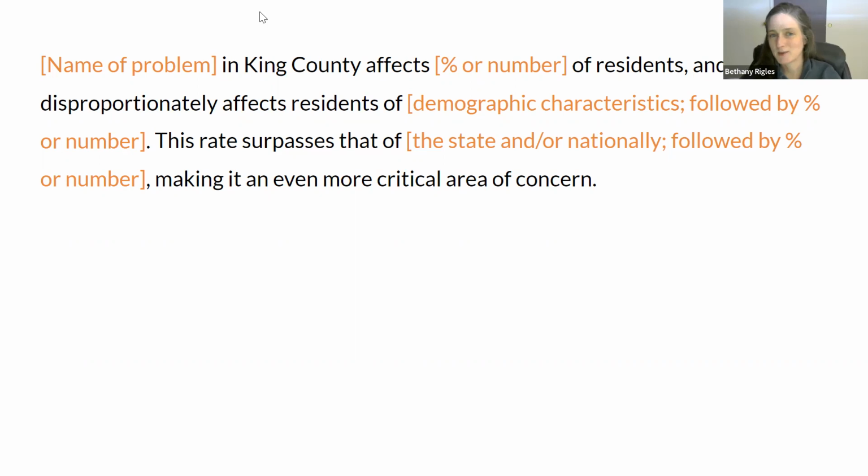So we would say the rate surpasses that of the state and potentially nationally. If we had a percentage there of what the rate nationally is, we could follow that by a percent or a number, making it an even more critical area of concern.